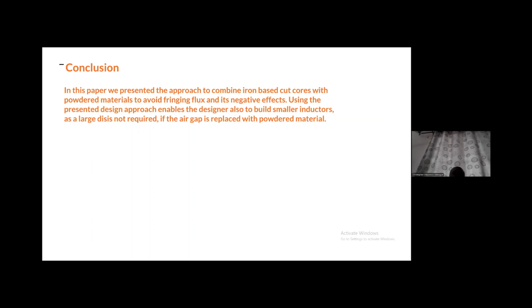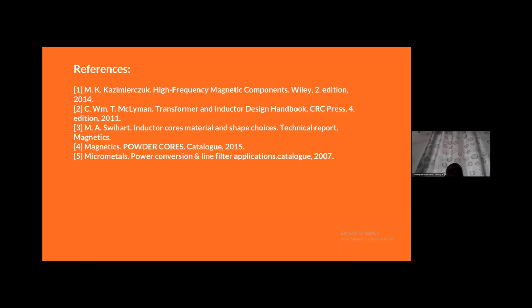So if the air gap is replaced with powdered material, we have presented this approach to combine both cut cores with powder materials to avoid fringing flux and its negative effects, because we know that losses are evident and we want to reduce those losses as much as possible.